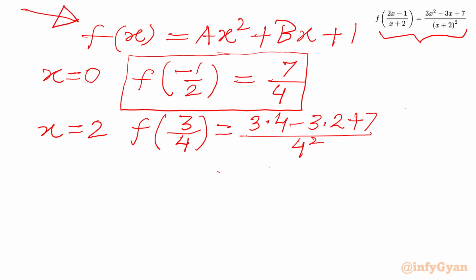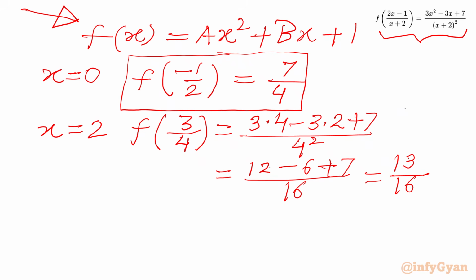So we will get here 12 minus 6 plus 7 over 16, which will be equal to 6 plus 7, it is 13 over 16. So we have the second result, f of 3 over 4 is equal to 13 over 16.